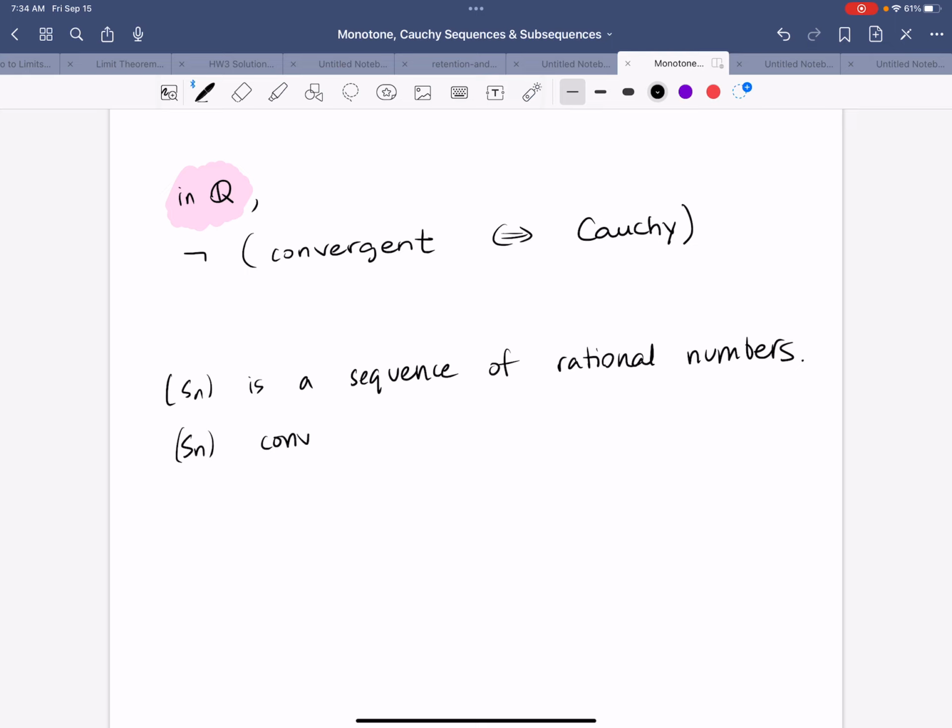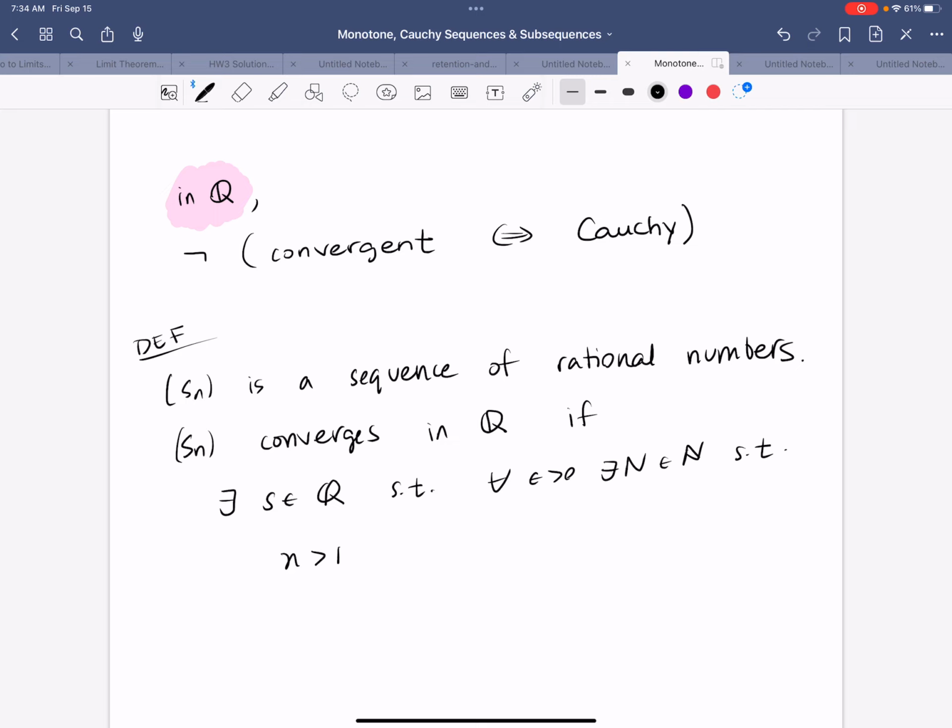Sn converges in Q if and only if, here's my definition, there exists a rational number S such that for every epsilon greater than 0, there exists an N such that n bigger than N implies the distance between Sn and S is less than epsilon. And so the key thing here is we're requiring the limit to be in Q, right?